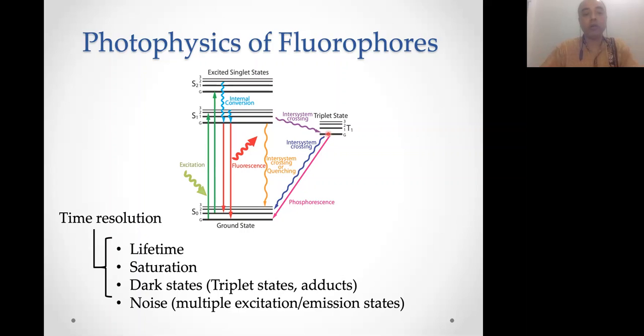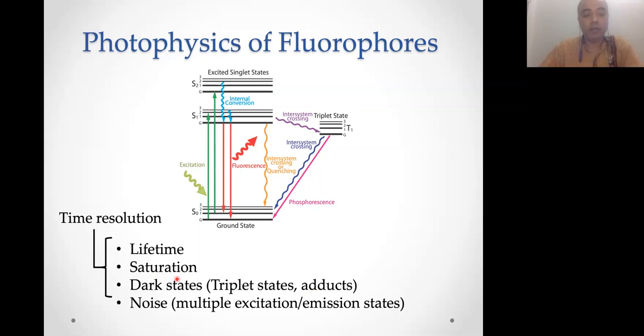You don't want the photophysics of the dye to be so variable that you can't infer what changes are happening in the system which you're trying to study. So you want to avoid dyes that go to dark state for long periods of time, unless there is a specific reason for why you want a system like that.